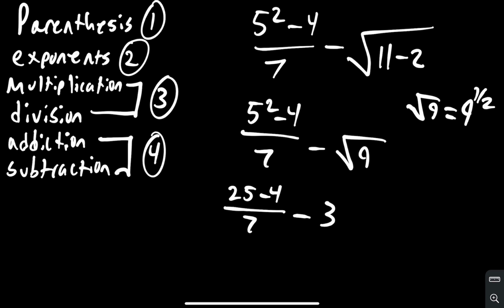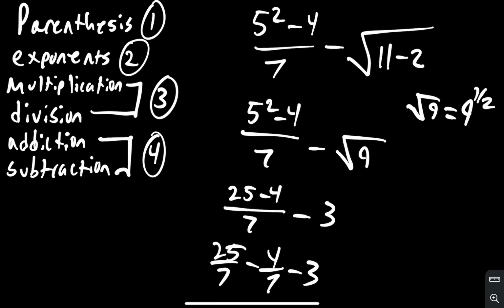So then we move to multiplication and division, and notice that we have that 25 minus 4 divided by 7. In order for us to complete the whole division, we actually have to subtract first. We can split it up if we wanted to. We could do 25 divided by 7 minus 4 divided by 7 and then minus 3.